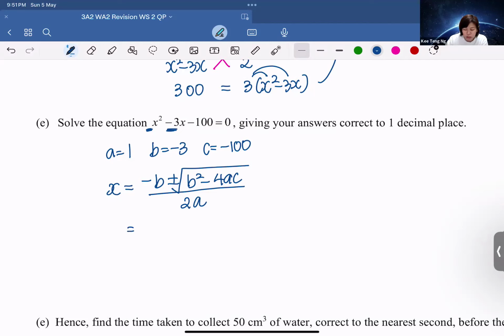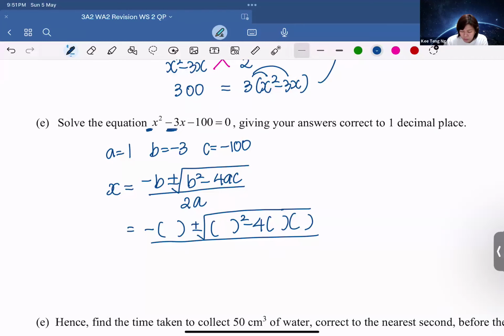Please make sure you substitute all the numbers inside. And for me, make it a good habit to use brackets. So you plug in the numbers, b equals negative 3. Negative 3 with the brackets, squared, for a is 1, c is negative 100, over 2a.